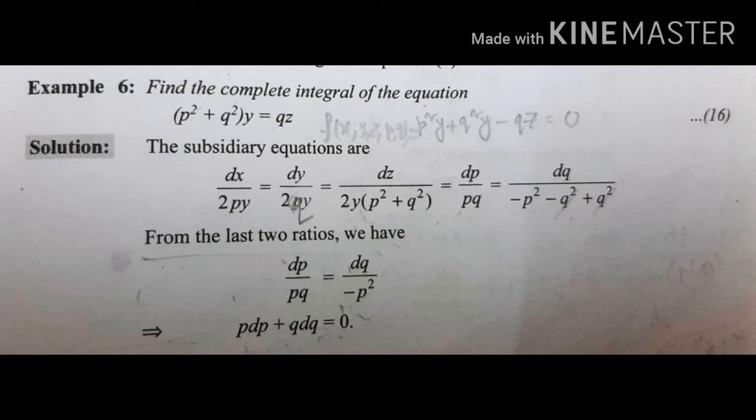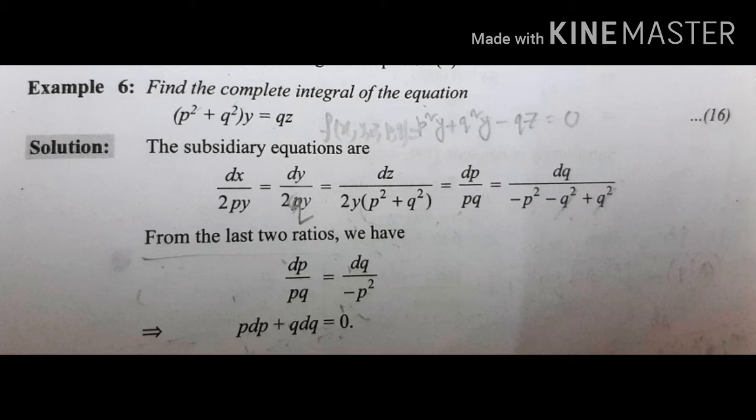That means dz/(2y(p² + q²)) = dp/(-(∂f/∂x + p ∂f/∂z)). That means dp/(pq) = dq/(-(∂f/∂y + q ∂f/∂z)). That means dq/(-p² - q² + q²); cancelling -q² + q², that means dq/(-p²).